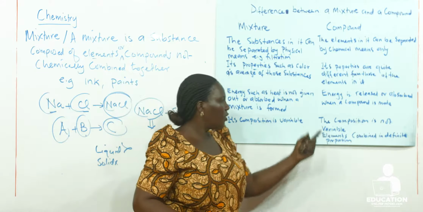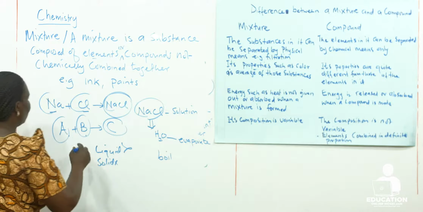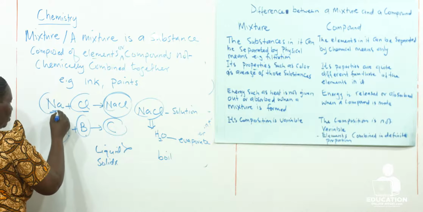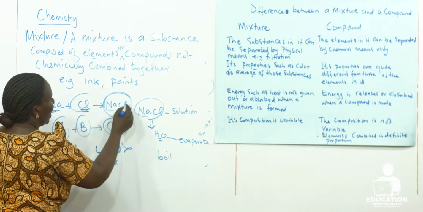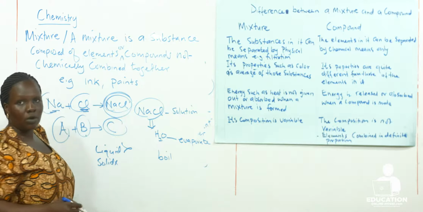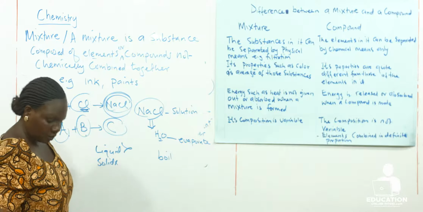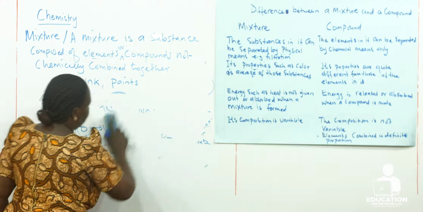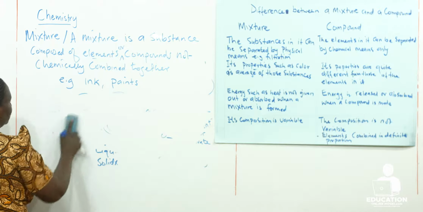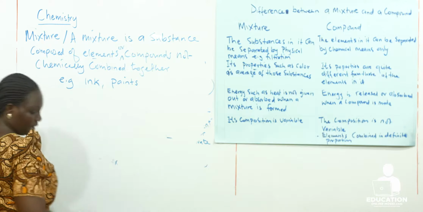But in compounds, the composition is not variable. Like we have one atom of sodium combining with one atom of chlorine to give us sodium chloride. So, these are simple differences between compounds, molecules, and mixtures.